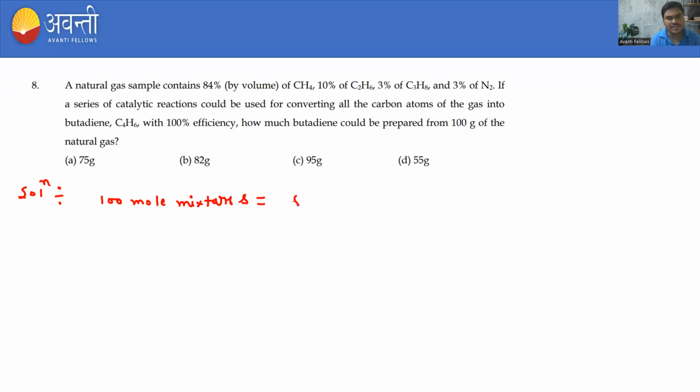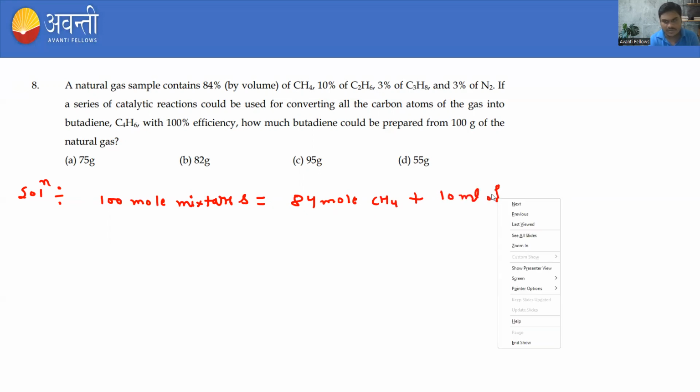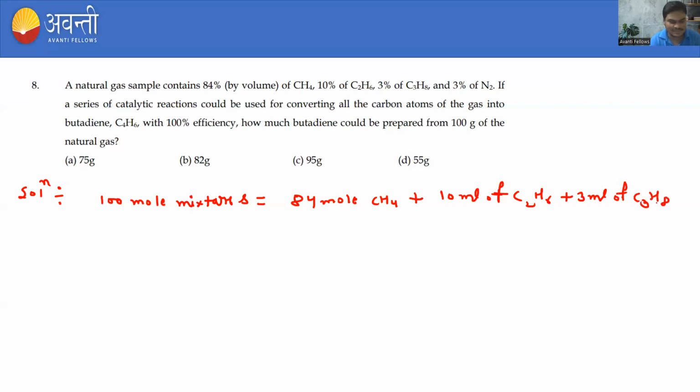It means 84 mole of CH4, 10 mole of C2H6, 3 mole of C3H8 and 3 mole of N2. So this is what we have.